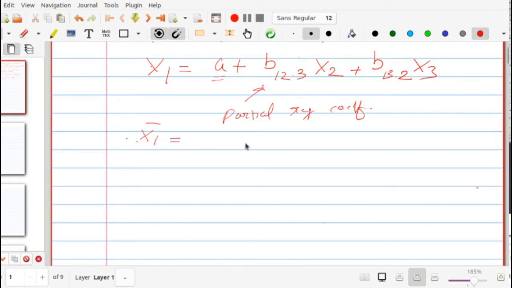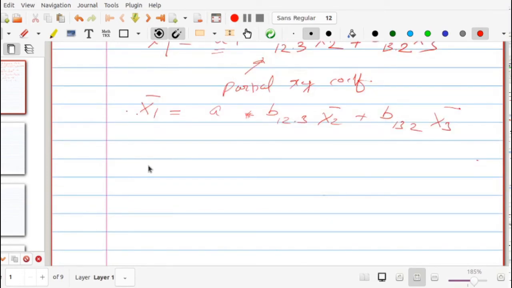So this is the mean x1 bar, and this becomes equivalent to a plus b12.3 x2 bar plus b13.2 x3 bar.